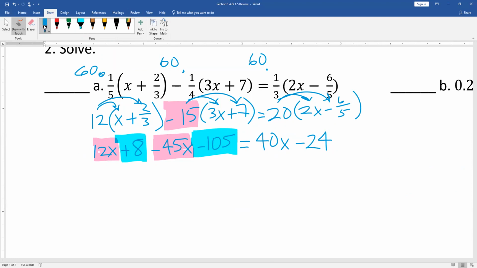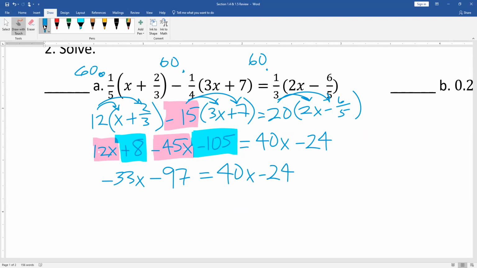Okay, so we're going to end up with quite a few negatives, but 12x minus 45x, we know our answer is going to be negative. 45 minus 12, double check my math here, is 33. Right, 33x minus, and 105 minus 8 is 97, right? 5, 6, yep. All right, and that equals 40x minus 24.